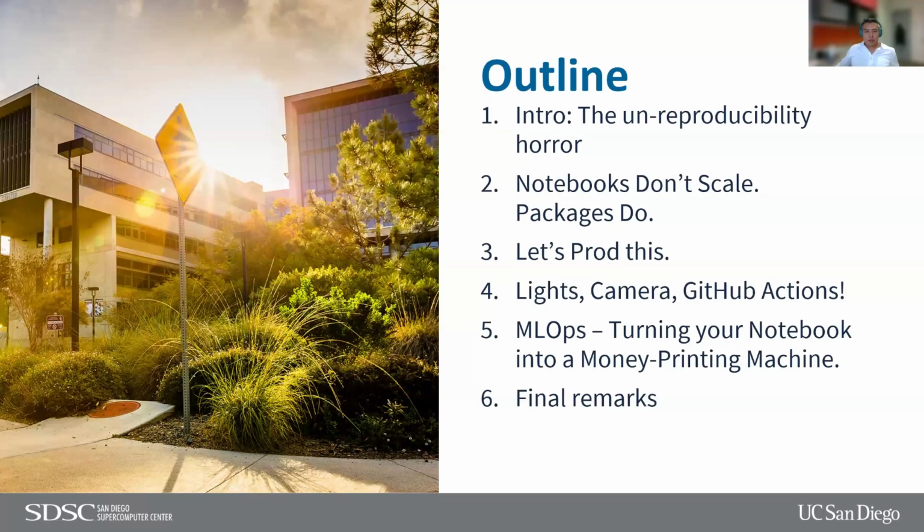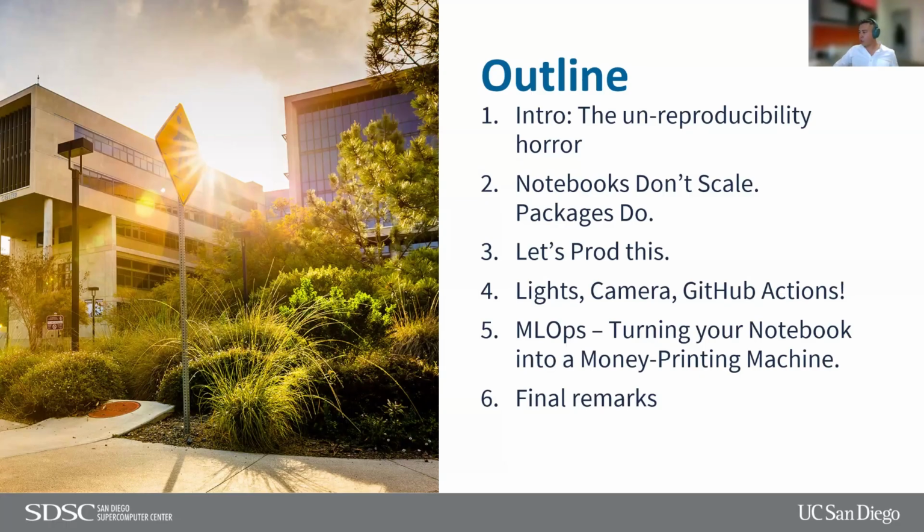The outline is going to be very simple. First, I'm going to make a little intro to one problem that you all encounter on your daily basis, which is the unreproducibility horror, or unreproducibility problem. Then we're going to talk about notebooks. Notebooks, for the most part, don't scale well, but packages do. Then we're going to take a look at how you can take your code into production.